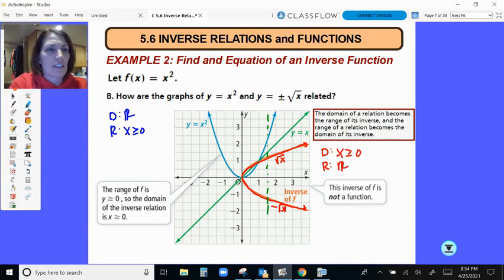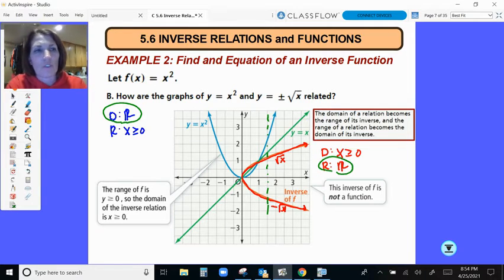So notice that the domain of my blue function is the range of my other function, okay? And the range of this function is the domain of this function. So they kind of trade roles, okay? So if you can identify the domain and range of one function, it's easy to identify the domain and range of the other function, your inverse function, okay?